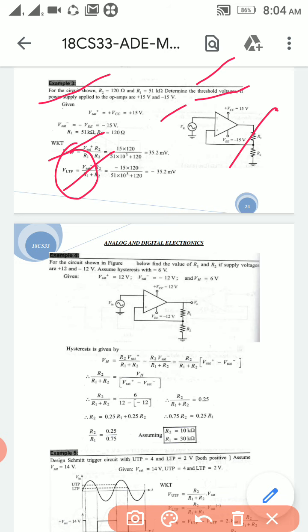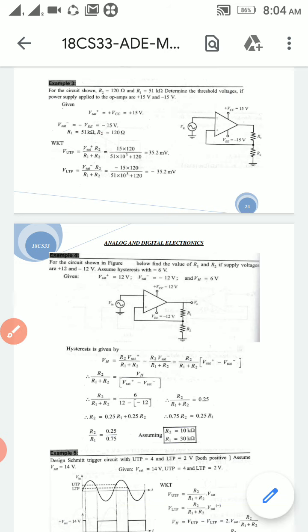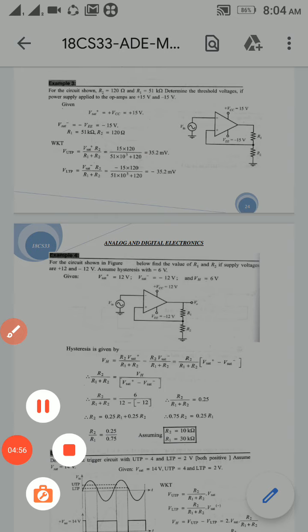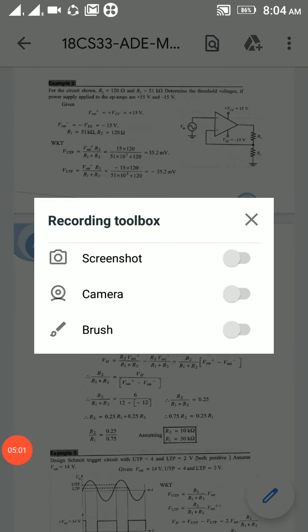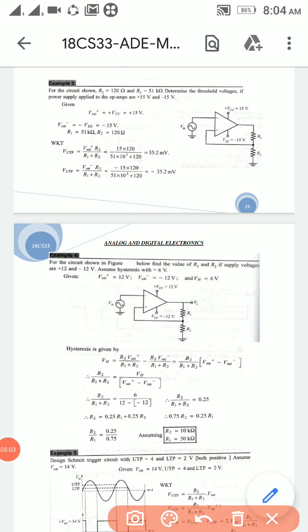Coming to the next problem. For the circuit shown in the figure below, find the values of R1 and R2 if the supply voltage is plus 12 volts and minus 12 volts. Assume a hysteresis of 6 volts.